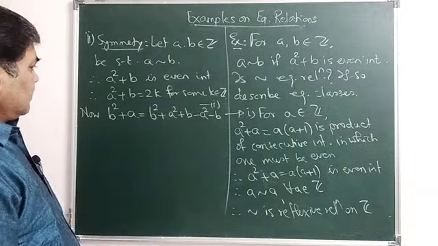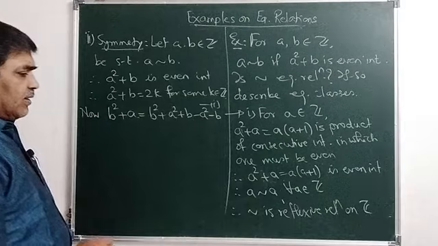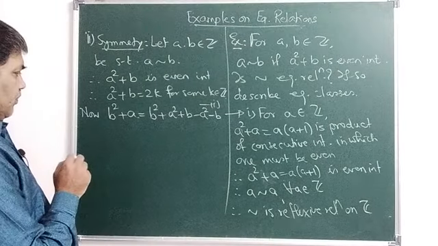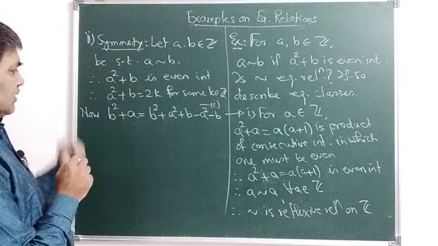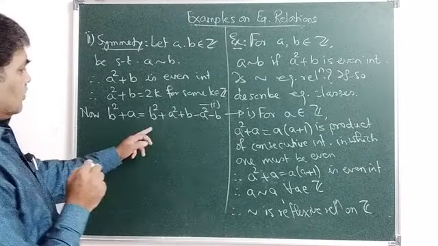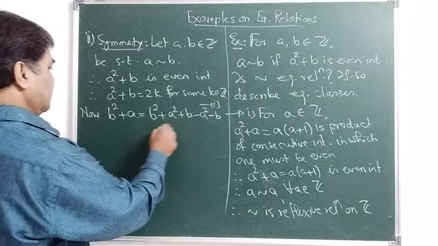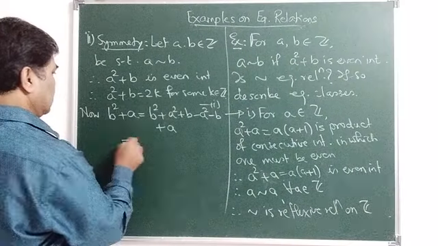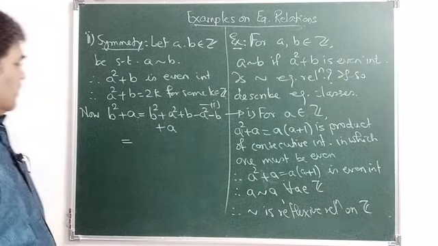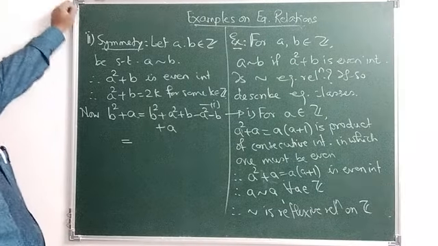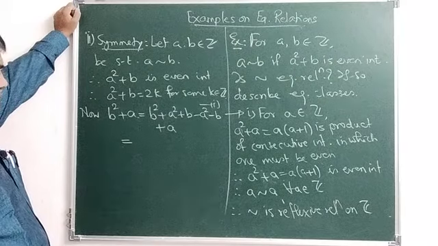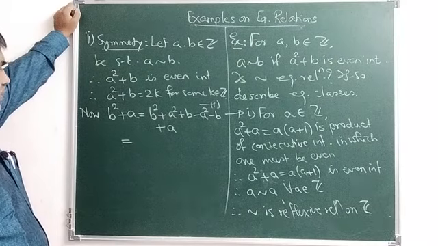Is it clear? If you take this number in this form, b square plus a, then how will you write it?